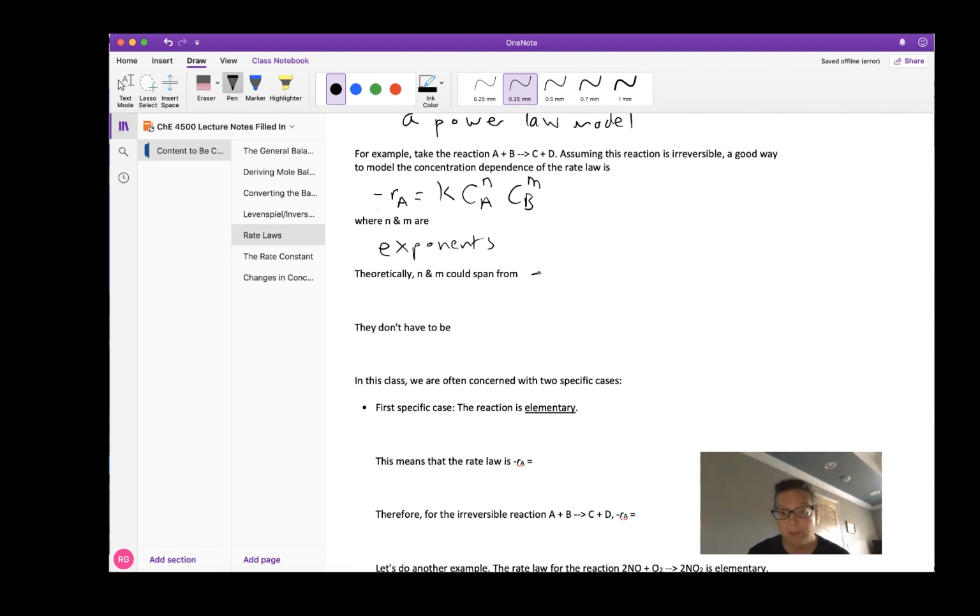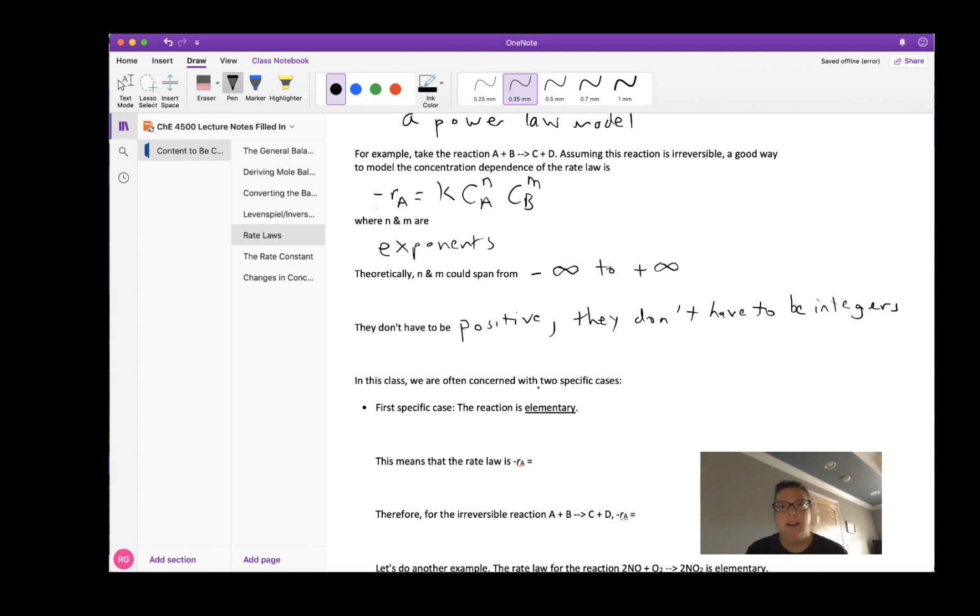They could span from negative infinity to positive infinity. They don't have to be positive. They don't have to be integers. So they can really take on a lot of different values.